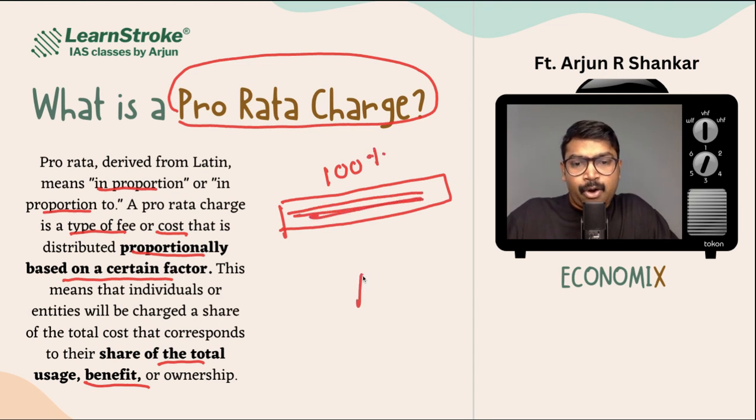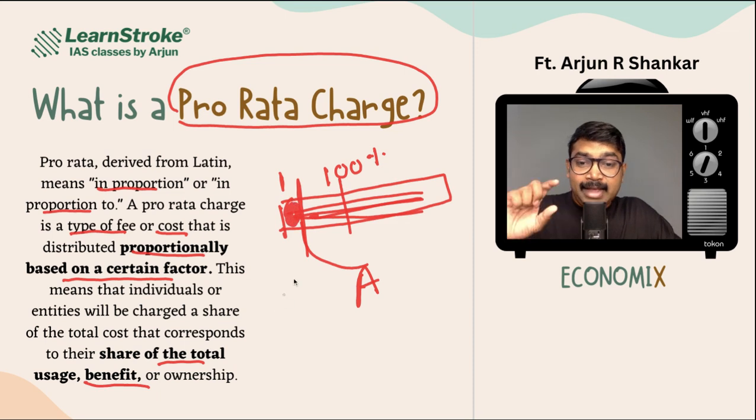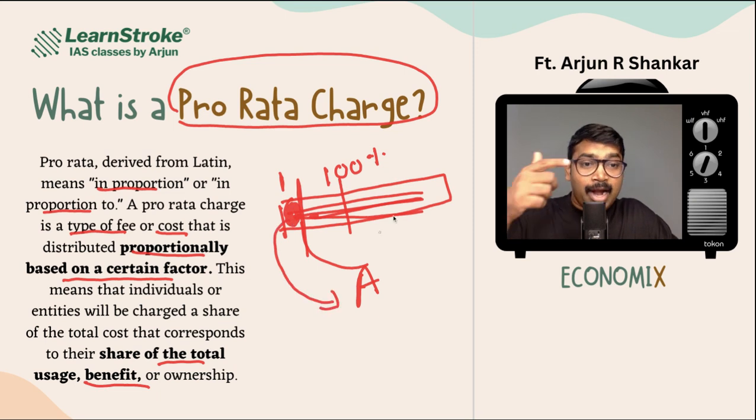And there is a user called A here. So this is total 100%. A is actually using only this portion, say this portion called 1, and there is another portion called 2. A is only using the portion called 1. So what happens is pro rata means A will be charged only for this, not for 100.